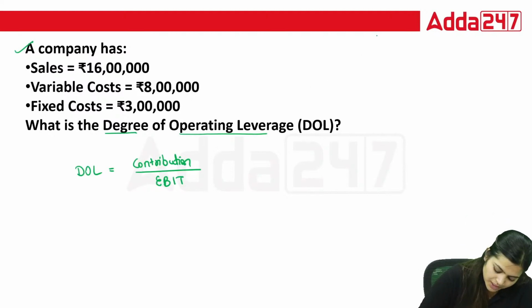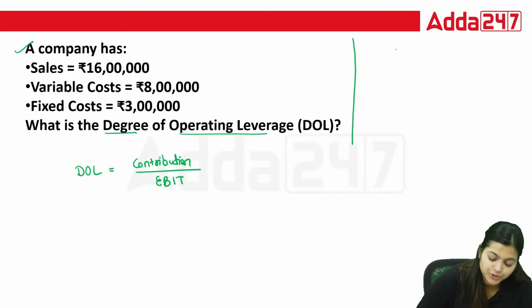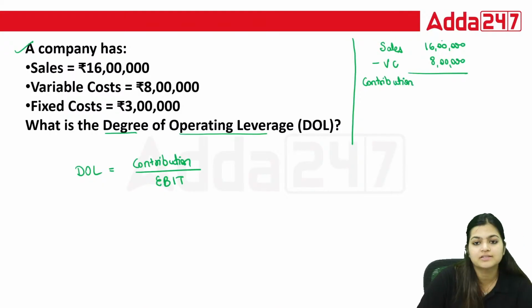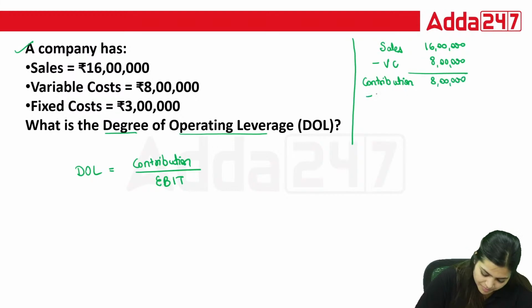So again, you need to make that statement. Start with sales, that is 16 lakhs, minus variable cost 8 lakhs. So contribution is equal to 16 minus 8, that is 8 lakhs, minus fixed cost, that is 3 lakhs.